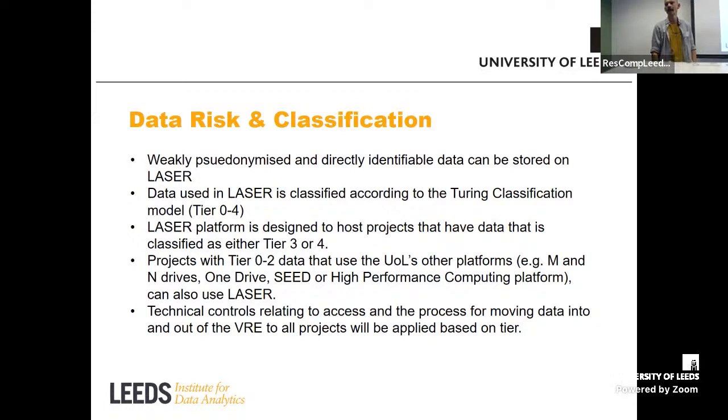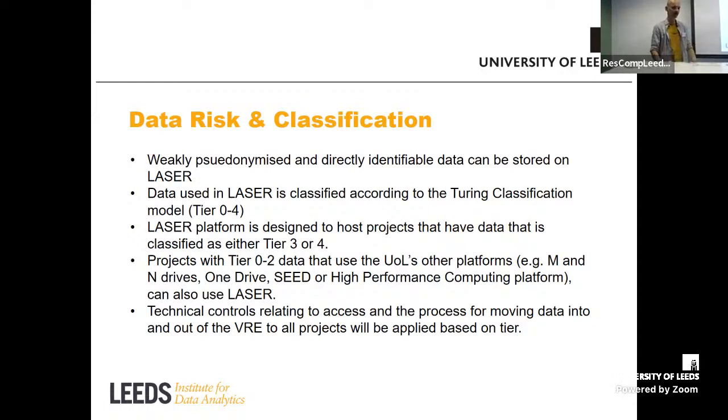unnecessarily. So the sensitive data that LASER has been designed to enable research on, we operate a risk classification tiering system. It's based on the one developed by the Alan Turing Institute. There's 5 tiers going from tier 0 to tier 4.